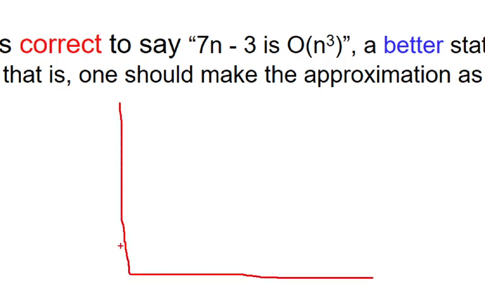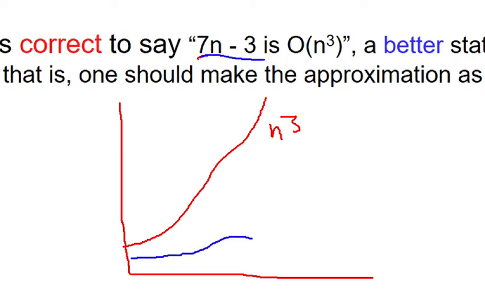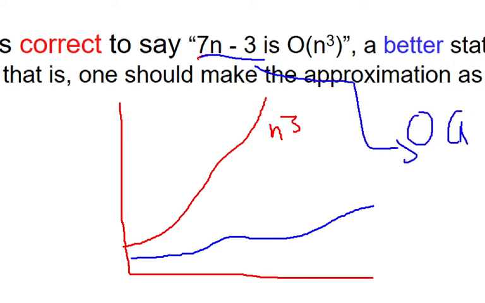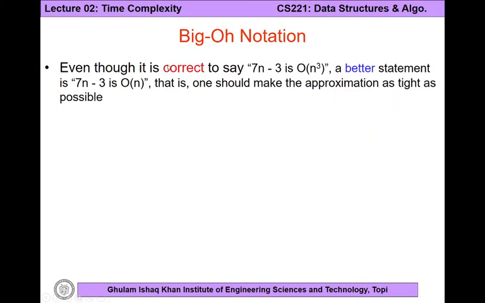It means that if the n cube is like this, and this 7n minus 3 is like this, this blue line will always remain less than this red line. But it is better to say that this 7n minus 3 is order of what? Order of n, because we need to give a tighter bound. We don't need to give a very higher bound.